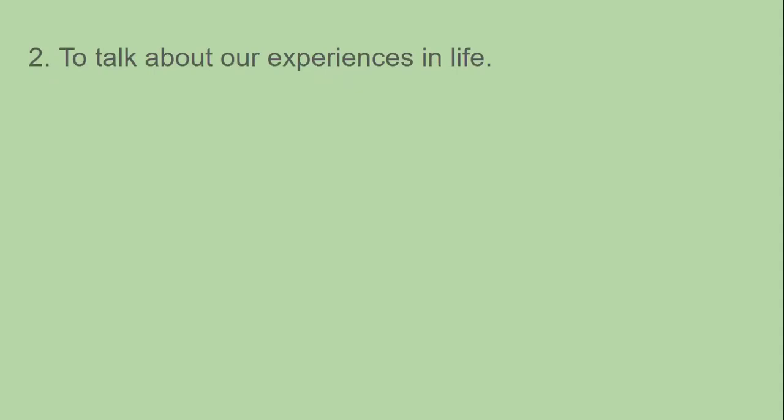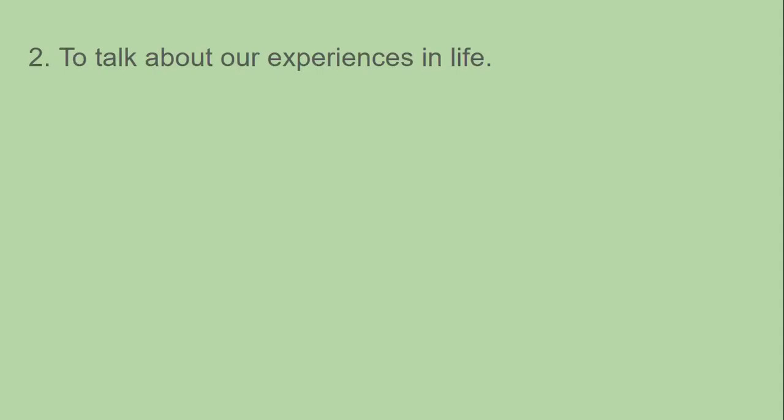So you see, in this case, I'm talking about my experiences. I don't mean that I finished traveling now. I just mean that this is something that I have experienced in my life before. So in that sense, again, we can use the present perfect tense to talk about our experiences.